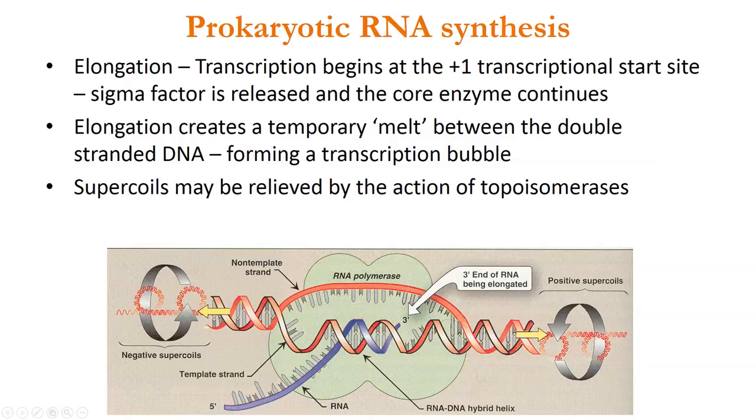Now, just like with DNA replication, as you move along, you can create supercoils during transcription. Okay, very similar to what we did during DNA replication. Whether they're going to be significant or not depends on the length of that particular messenger RNA. In eukaryotes, you can get some absolutely enormous primary transcripts.